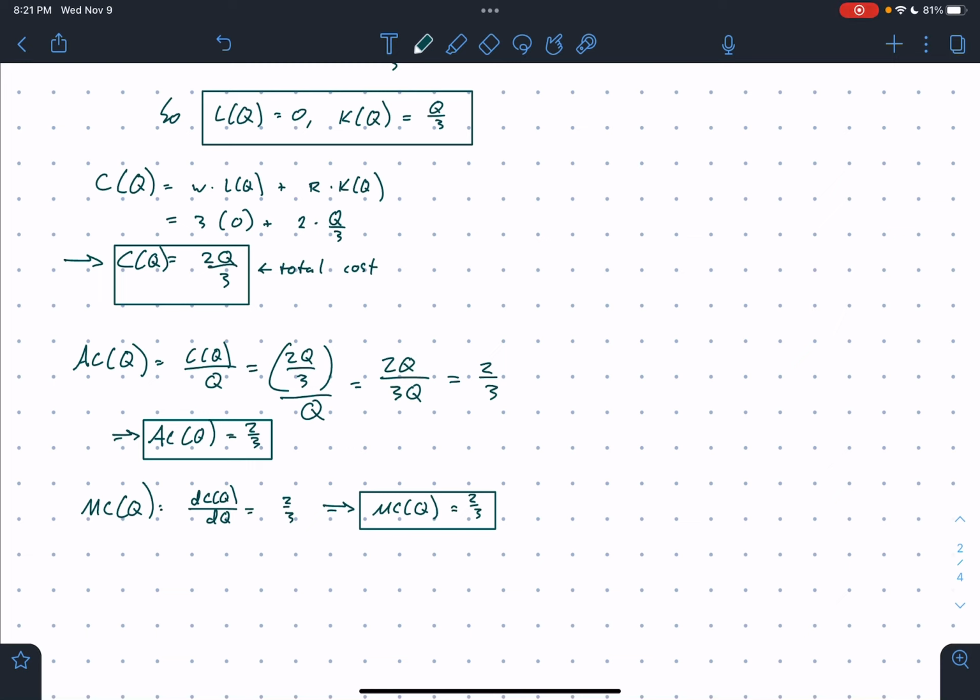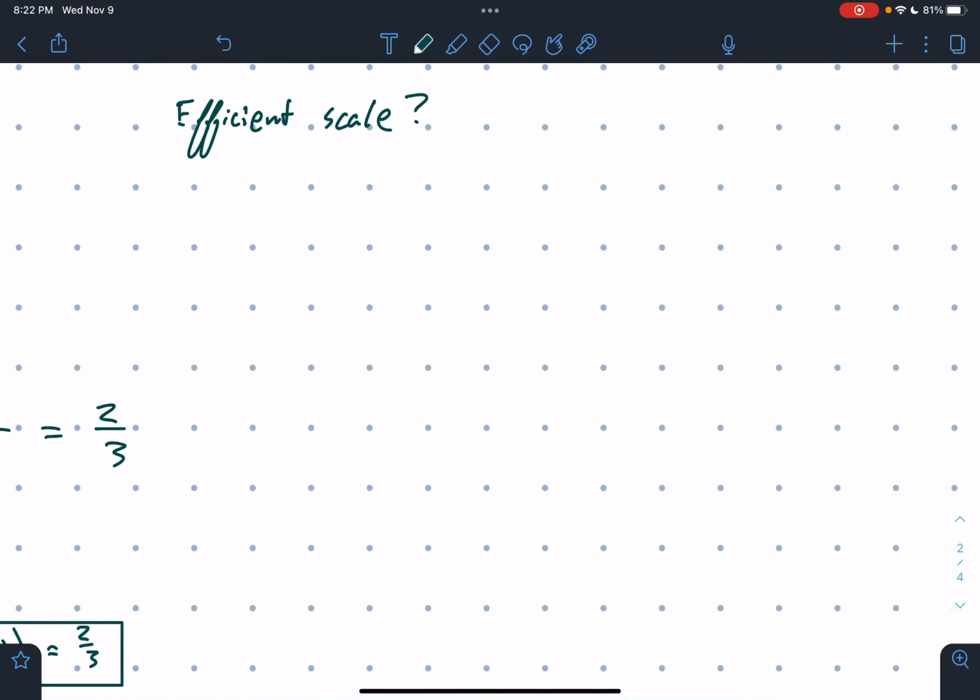So now what we want to do is find the efficient scale. The efficient scale is the quantity at which average cost is minimized.